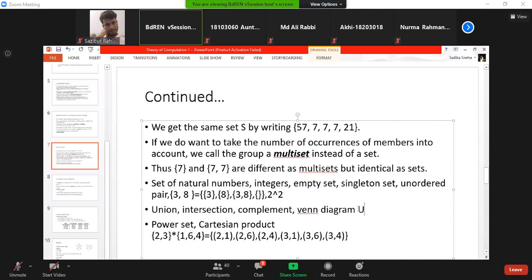So this is the union sign and this is the intersection sign, and complement is the operation of subtraction, minusing one set with another set, but not like the traditional mathematical minus. It has a different way of doing this minus.